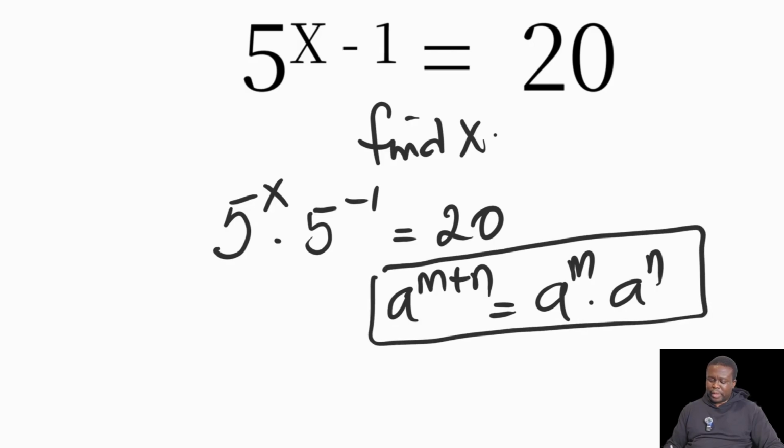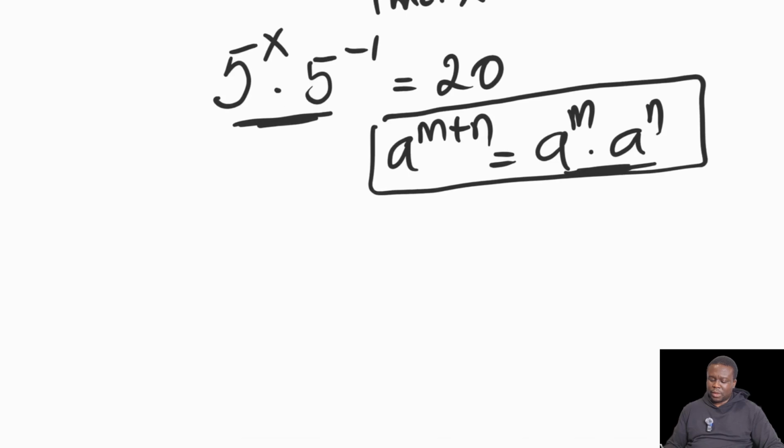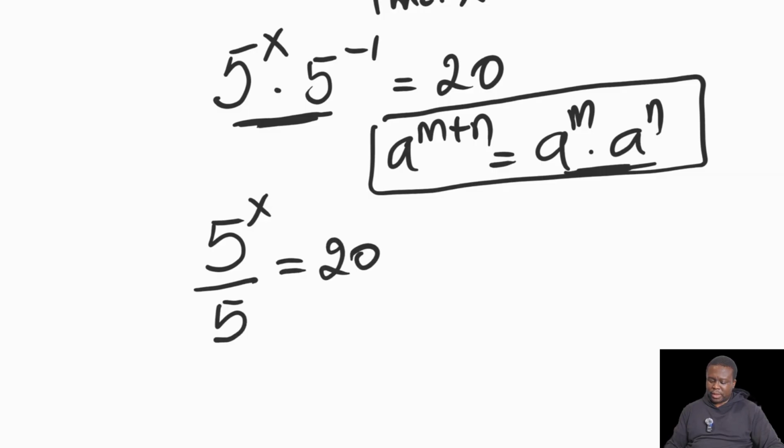So we're going to rewrite this side of the equation in this format. This is the same thing as 5 raised to the power x divided by 5 equals 20.